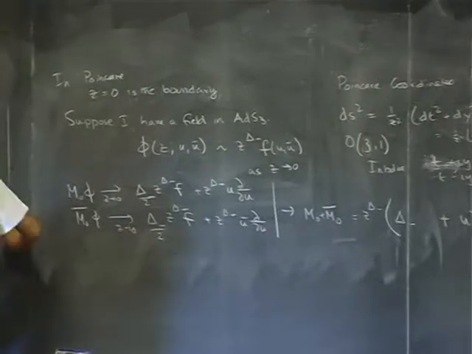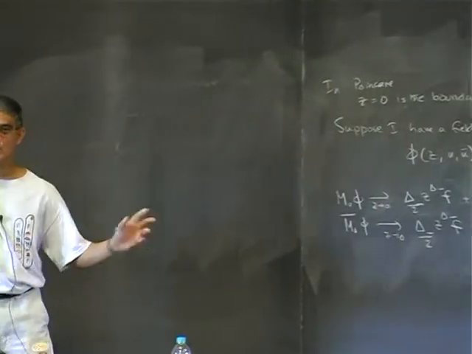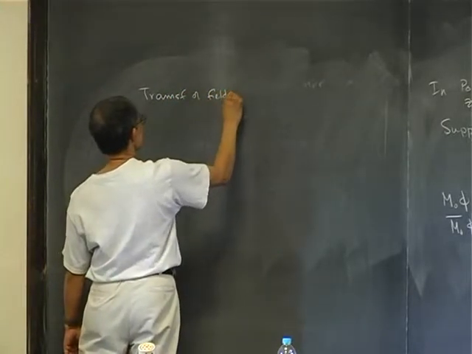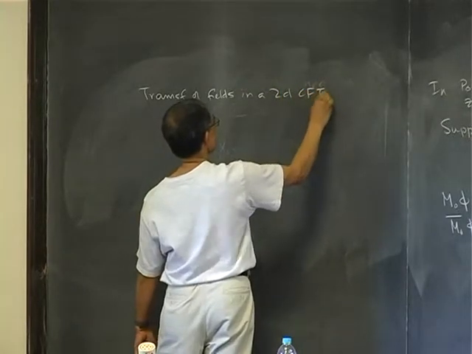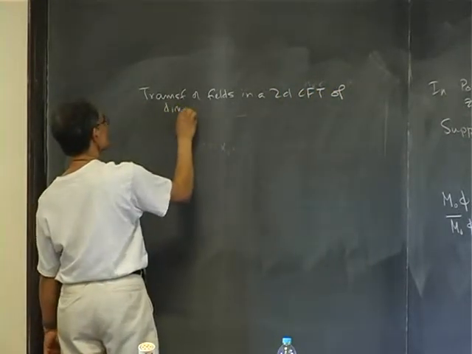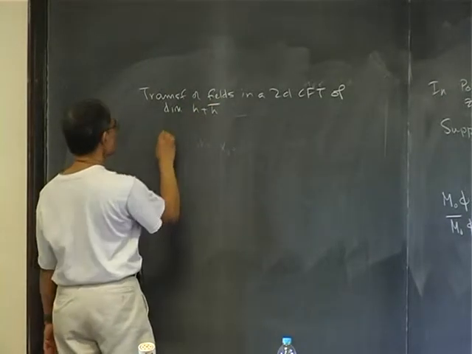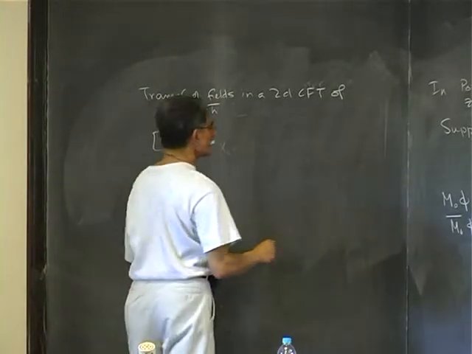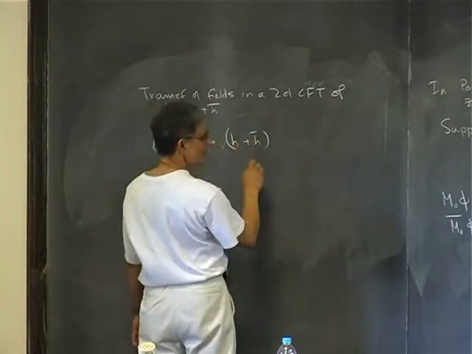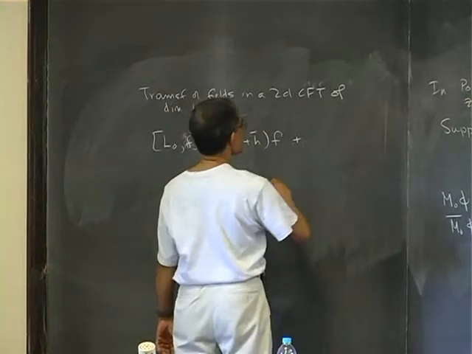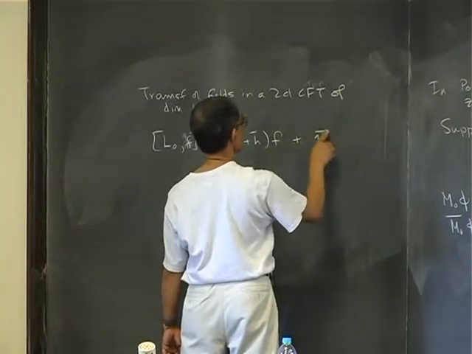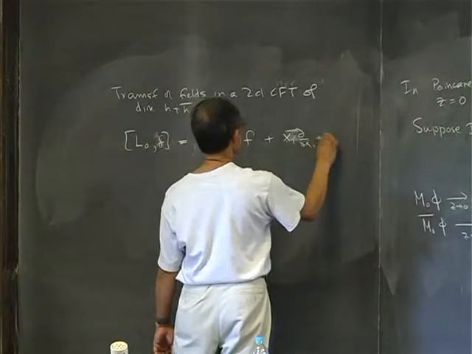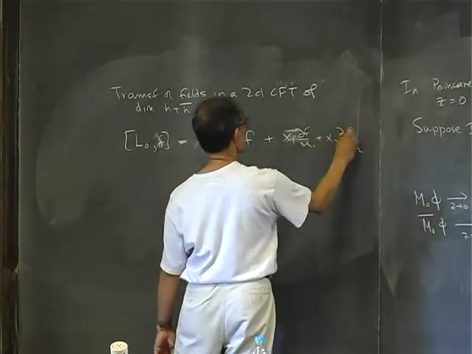Let me remind you of the formula which I wrote down just a moment ago for transformation of fields in a two-dimensional conformal field theory of dimension h plus h bar. If you look at that formula, what you will find is that L naught acting on that field is in fact h plus h bar acting on f plus the dilatation like x1 del del x1 plus x2 del del x2 acting on f.